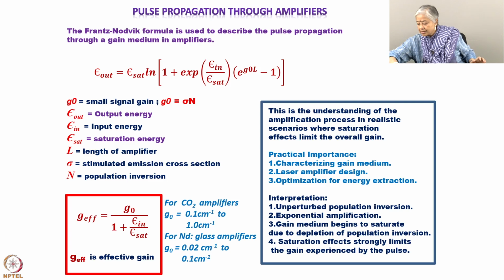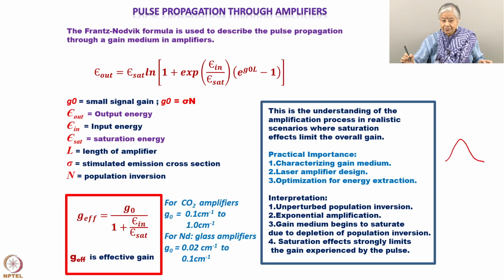Suppose this is the pulse. This is the front part, front because t is equal to 0, this is time, and this is in arbitrary units.